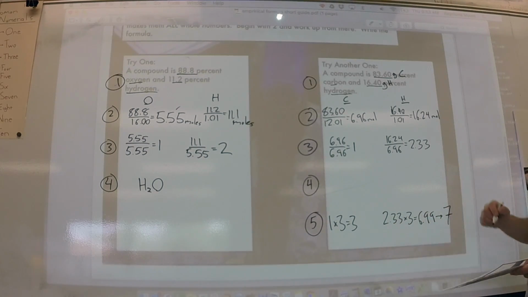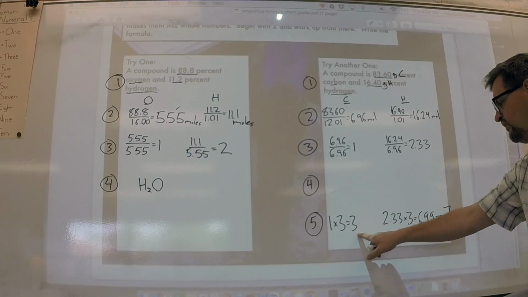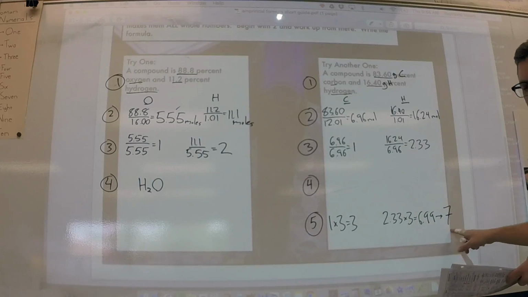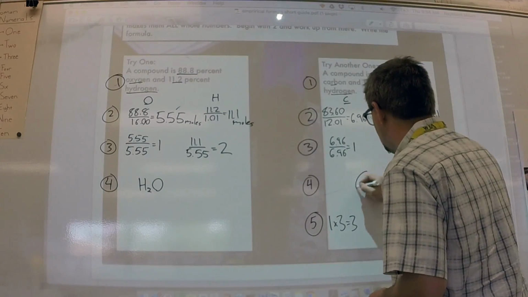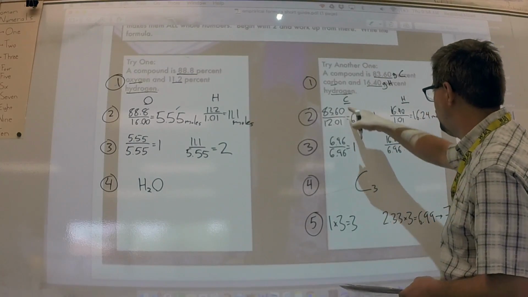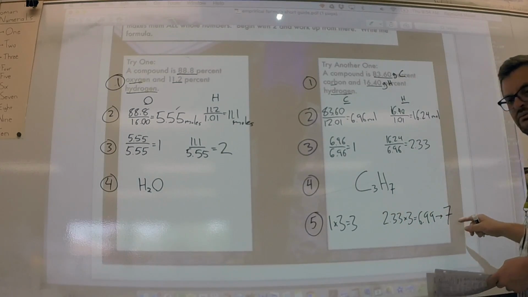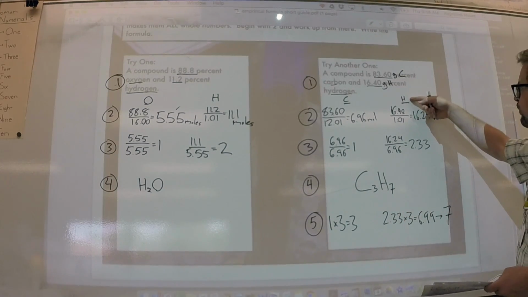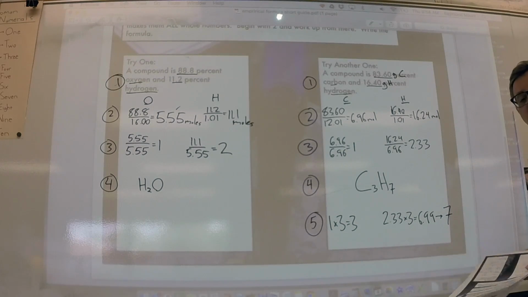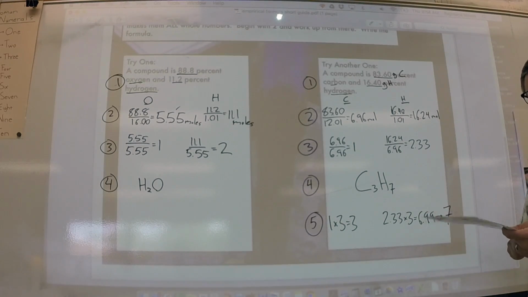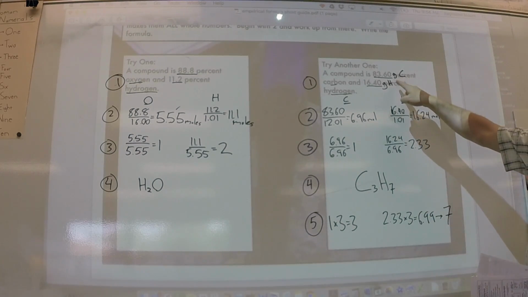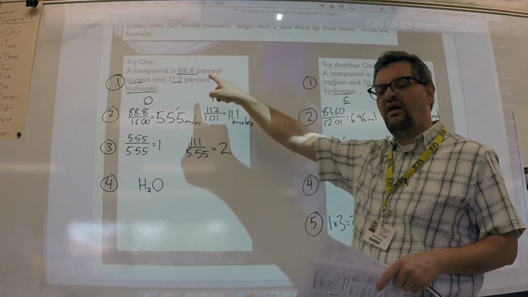Going back to step 4, we write out our formula with these numbers as our subscripts. So the formula is C3H7, the 3 goes with the carbon, the 7 goes with the hydrogen. And those are empirical formulas, again, formulas based on data collected during lab experiments.